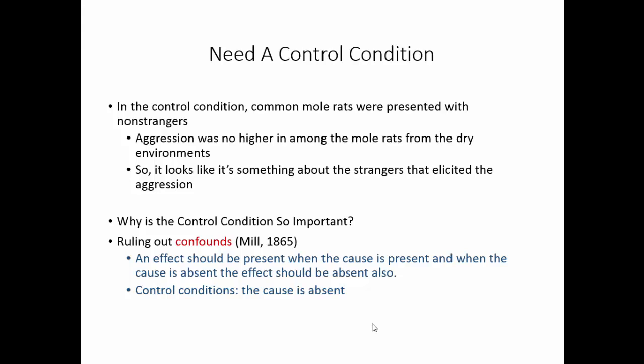If, and it's a big if, you set it up just right, so that there is just one difference on average between your two conditions, and if you see a difference in the behavior you're measuring between your two conditions, like in the mole rats, they were measuring aggression, then you can logically conclude that it was caused by just that one thing that you changed between the two conditions, just that one difference.